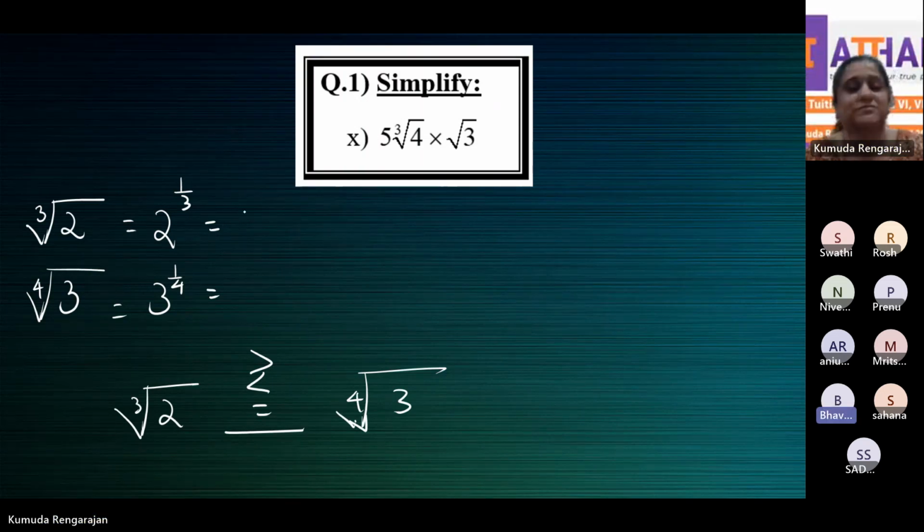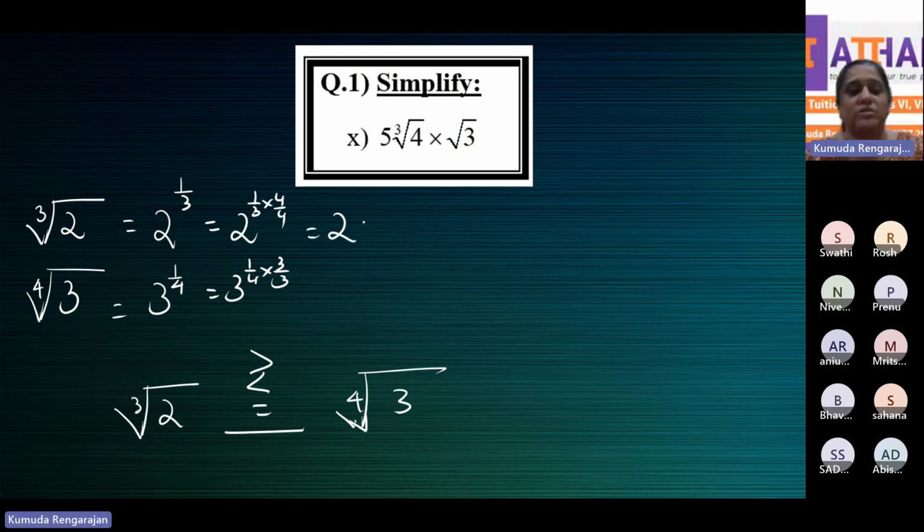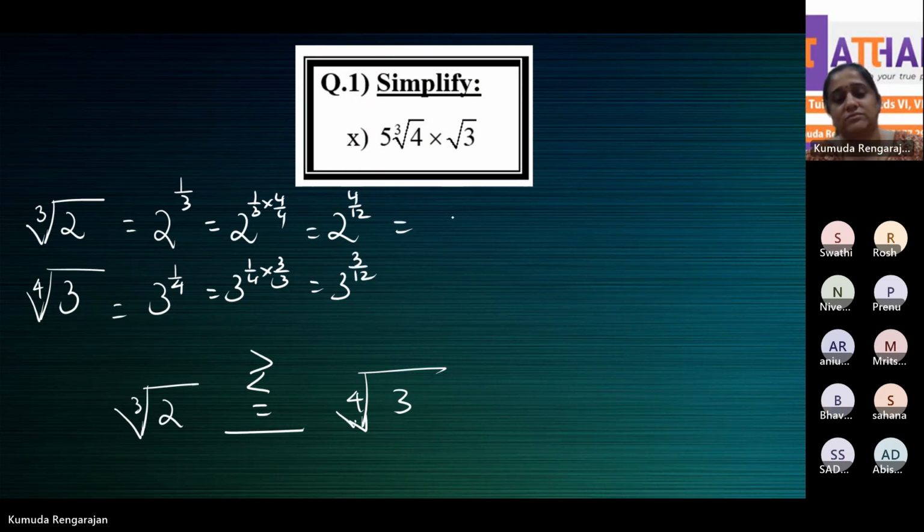Ma'am, 1 by 3 into 4 by 4. Okay. So 4 by 12, 1 by 4 into 3 by 3. Very good. Next step here, put the power 1 by 12. Yeah. And 3 to the power 3 by 12, ma'am. Very good. Then next 2 to the power 4 the whole power 1 by 12.